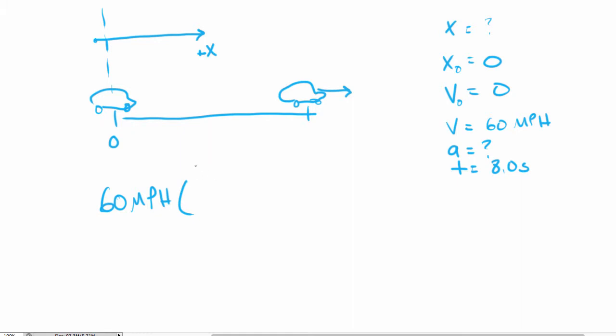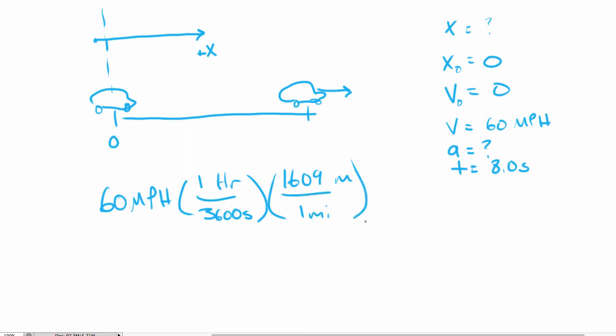So miles per hour, let's convert that to meters per second. We have hour in the denominator, so we want 1 hour, and that's 3,600 seconds. And then how many meters in a mile? 1609 divided by 1 mile.